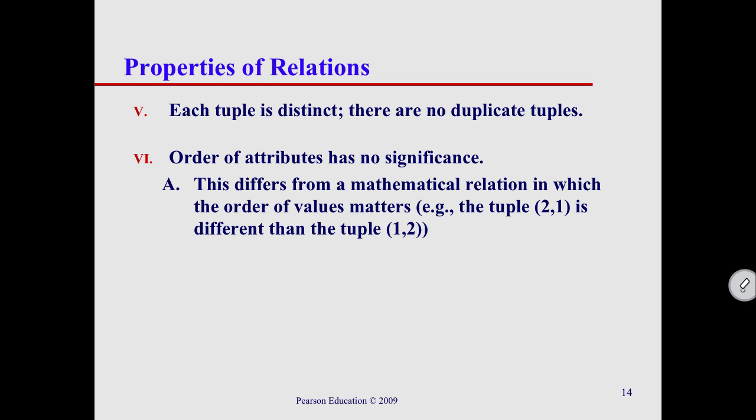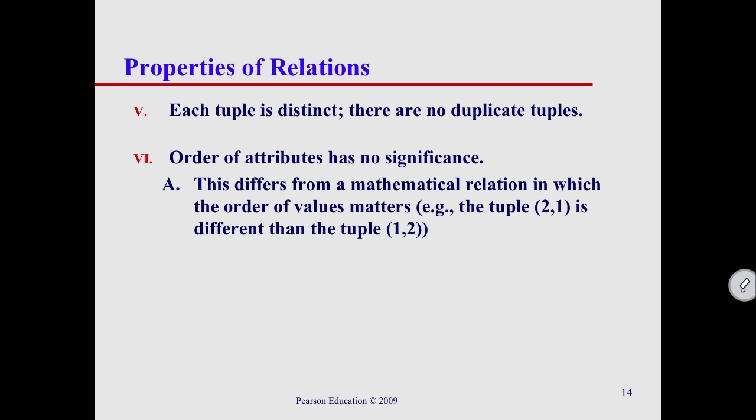After one value per cell, that each tuple is distinct is the second one that may not be so intuitive. Okay, third thing, and this is where things diverge from 311. In 311, you were probably told that the order of the attributes in a relation had significance.